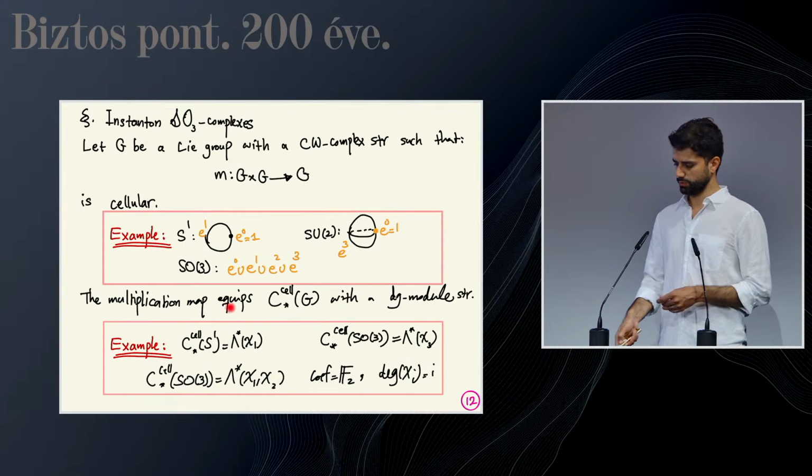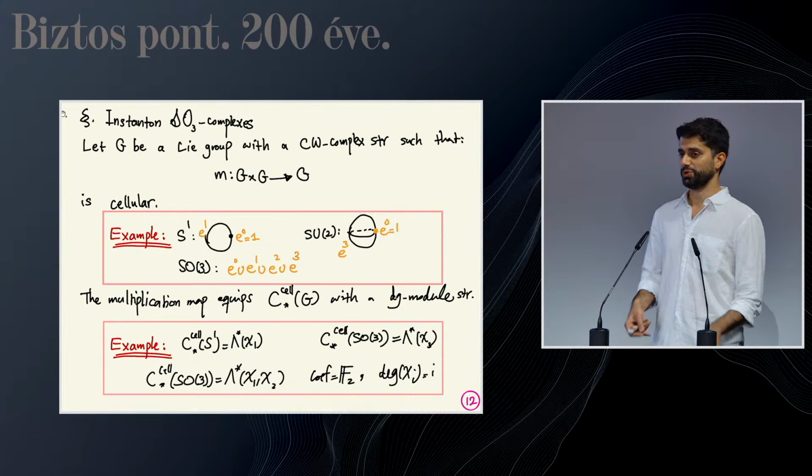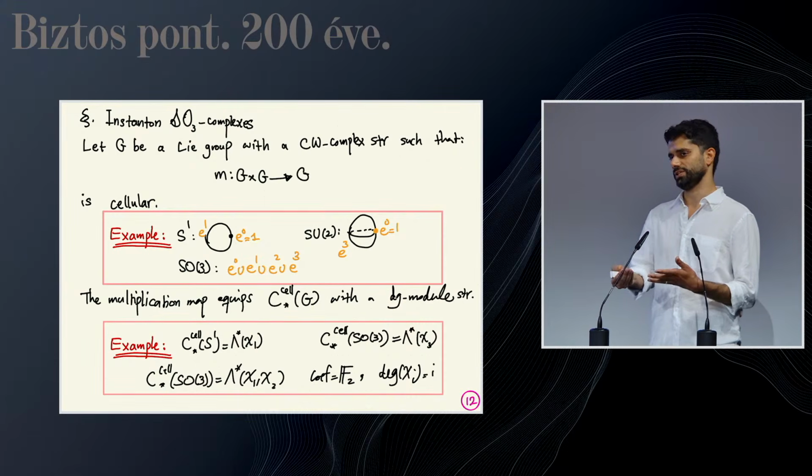What happens when you work with SO3 is that now you have this bigger module, but what you can do is forget chi1 or chi2. If you forget chi1, you would still get some module structure over the same DG algebra as S1. So you cannot just use the same definition as there either.